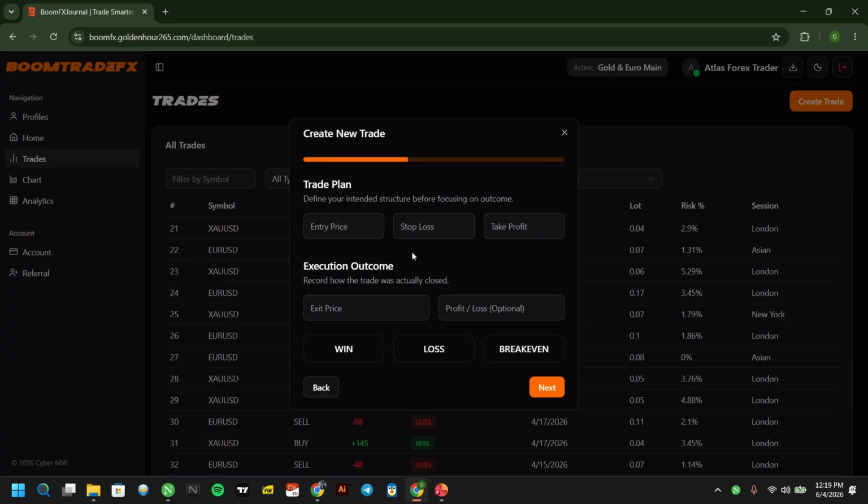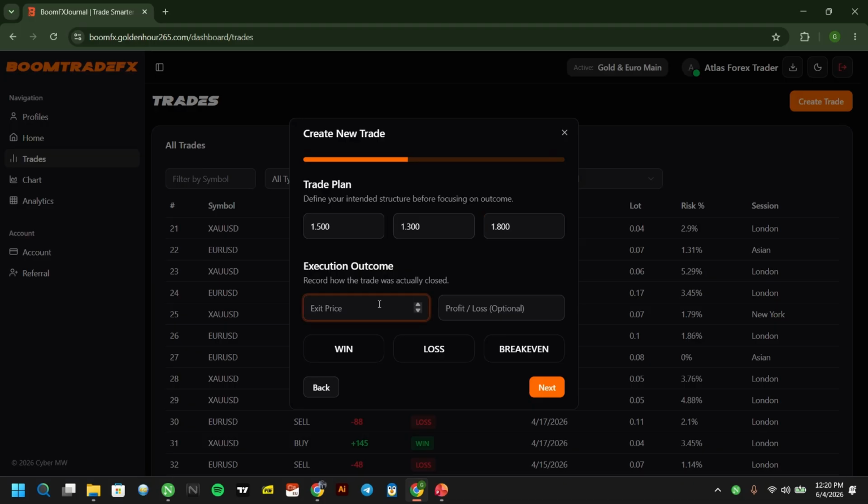The next tab will be able to enter the trade plan. So how did the trade go and what's the outcome of the trade? We can enter the entry, so still random data. Let's say we entered on 1.5000. Let's say the stop loss was 1.300 and the take profit was 1.800.